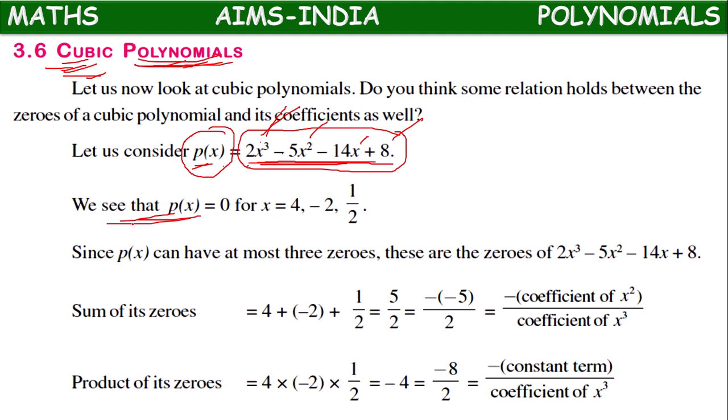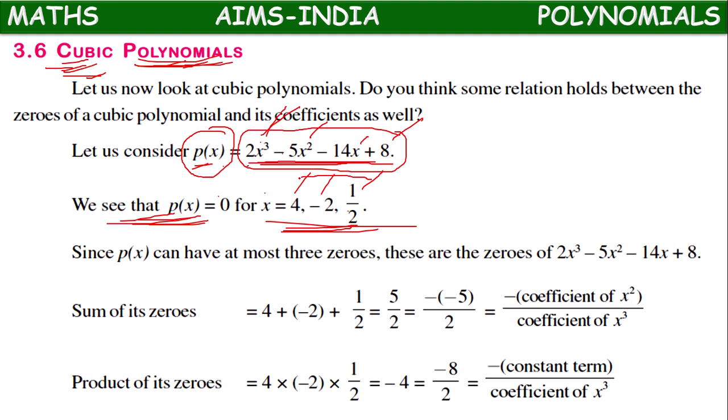By substituting values, or we can guess the values, because we have already learned the process of how to find zeros of a cubic polynomial. Based on that, if you find the zeros of the cubic polynomial, p of x will be 0 at x equal to 4, x equal to minus 2, x equal to 1 by 2.